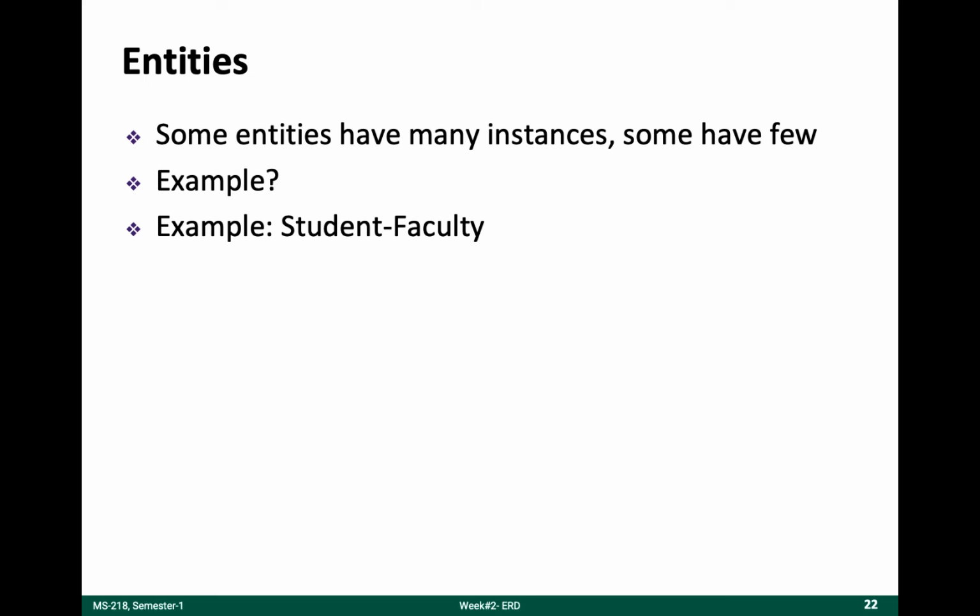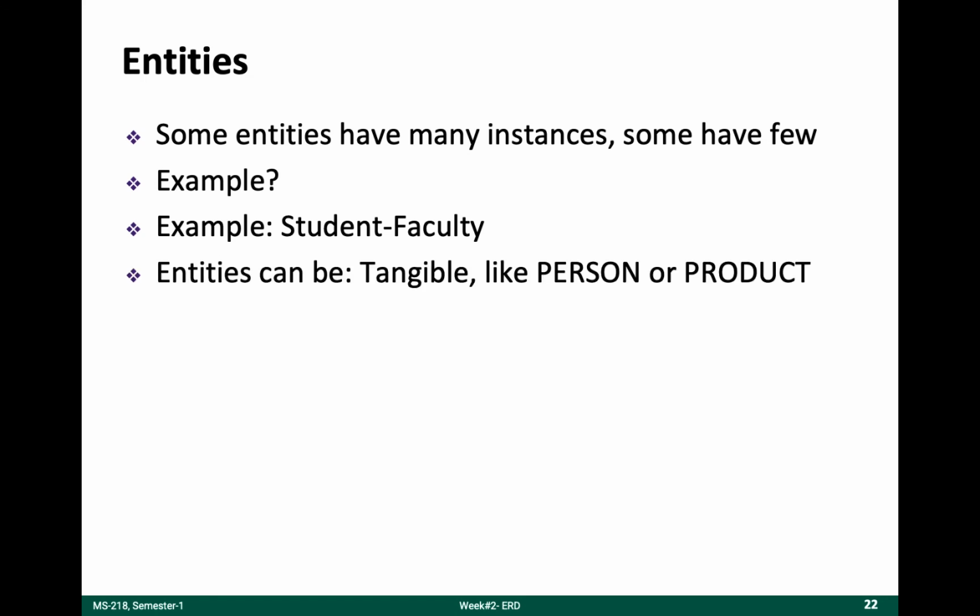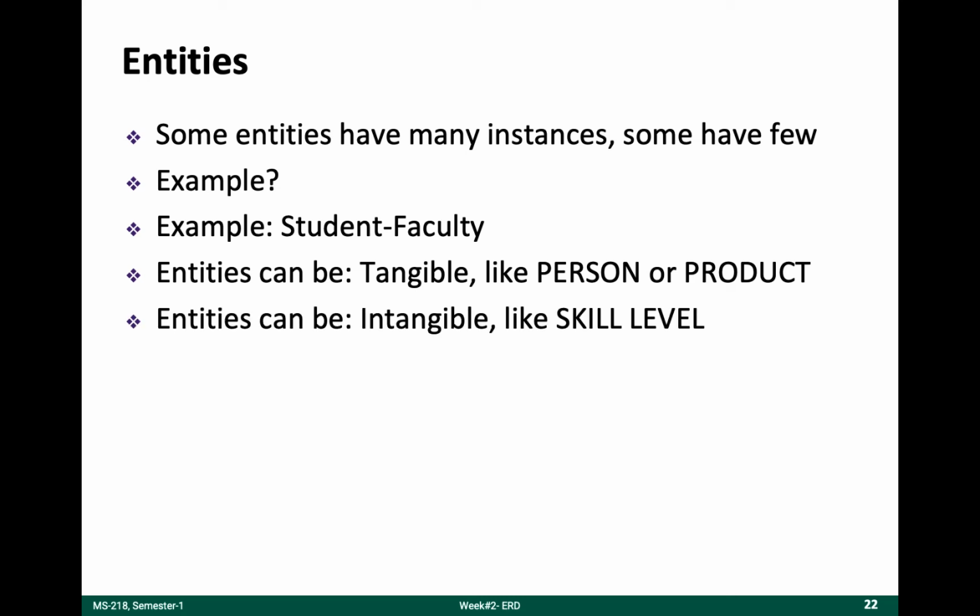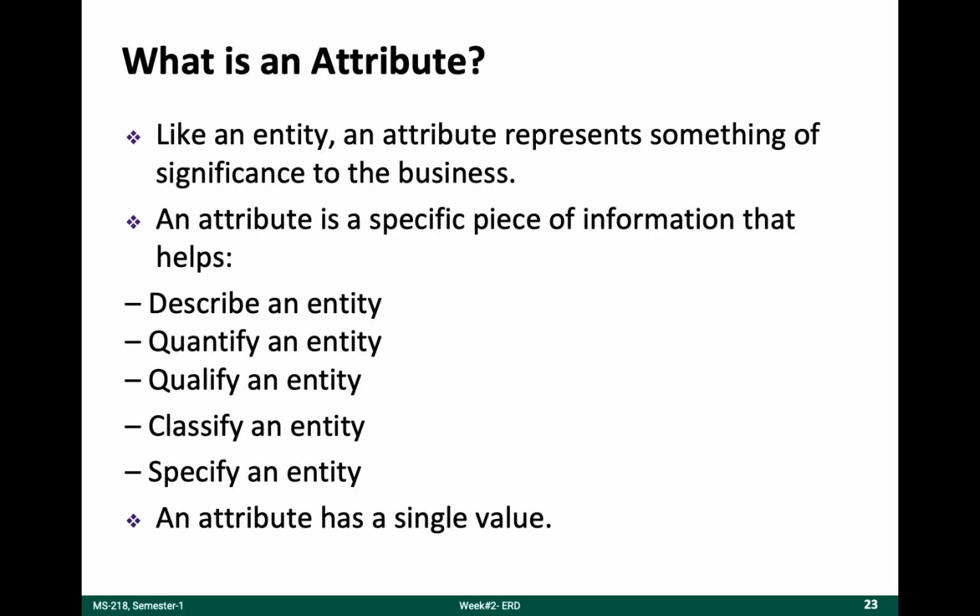Okay, so entities can be tangible, like we can see person or product, or it could be intangible, skill level. Like if Java is a skill, obviously it's some sort of intangible thing, right? Or it could be an event-based concert or specific class or specific football match, right? So these are the different types of entities.